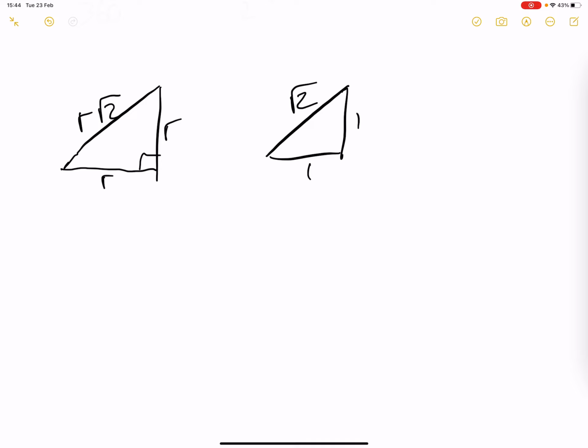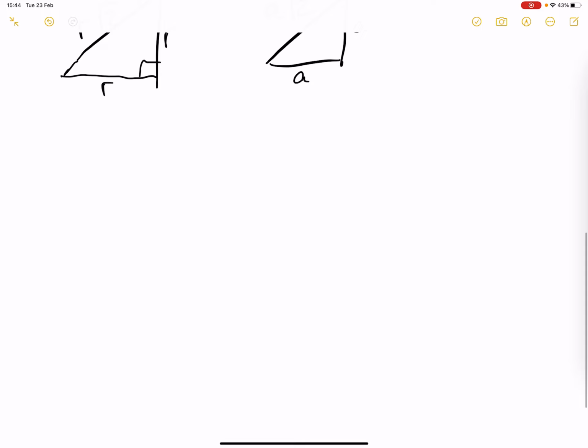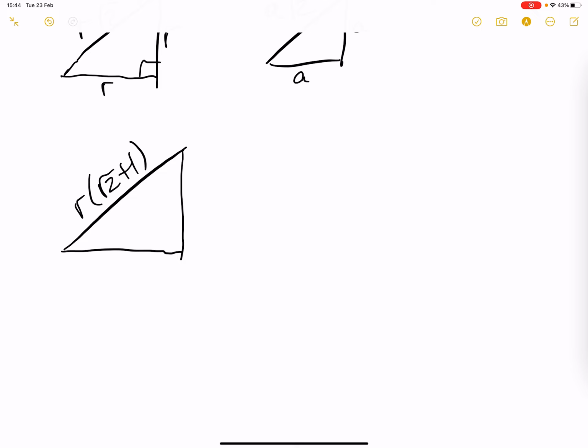And also, were these numbers to be replaced as a, then it would be a root 2, just as we have here as r root 2. So now we know that the diagonal of the square is equal to r (root 2 plus 1).